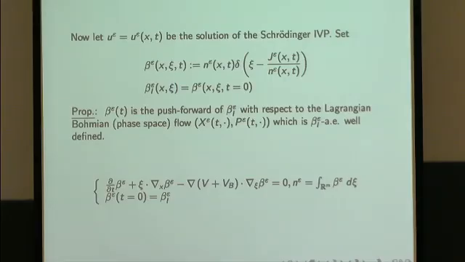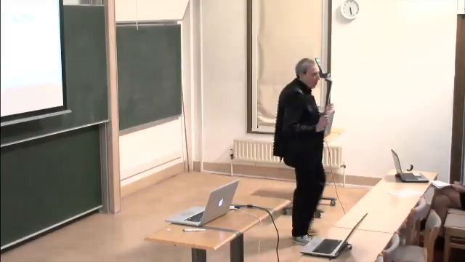Now, there's a simple proposition that you can prove, and the proposition is that beta epsilon of t is the push forward of the initial Bohmian measure with respect to the Lagrangian Bohmian phase space flow. Okay. And this Lagrangian Bohmian phase space flow is defined almost everywhere with respect to the initial Bohmian measure. And that's actually an extremely simple consequence of Bernoulli's theorem. You just have to look at it in the right way.